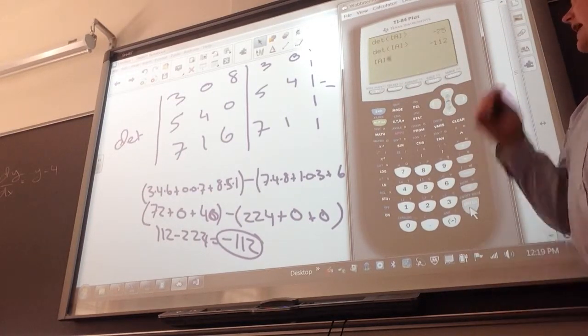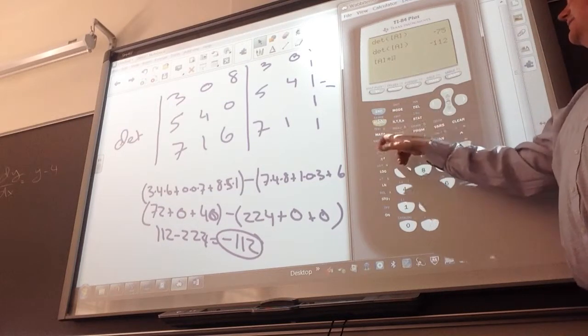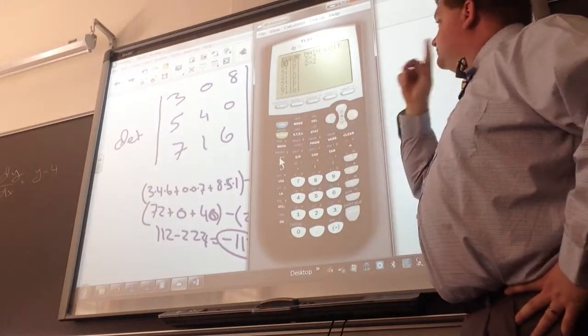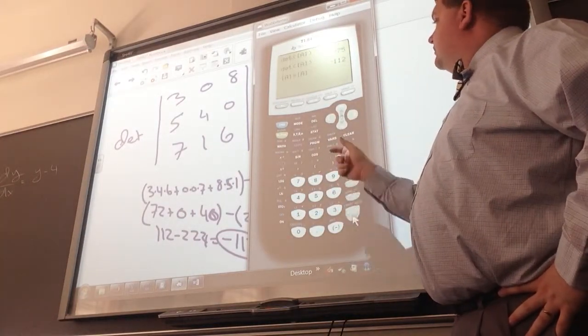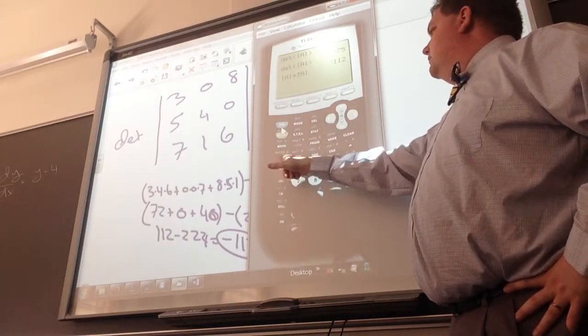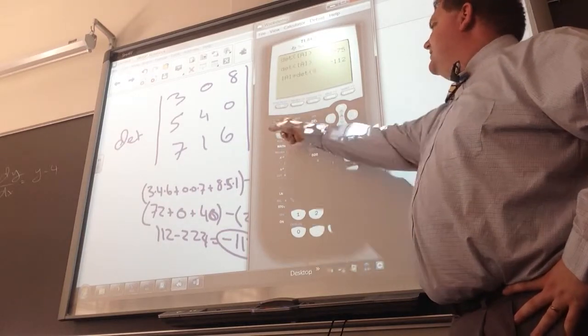Okay. So if I want to do A times the determinant of A, this would be kind of a neat little thing to do. Whoa. That's A times A right there, so that's A squared. That's not what I wanted. This is just me being silly at this point. Okay.